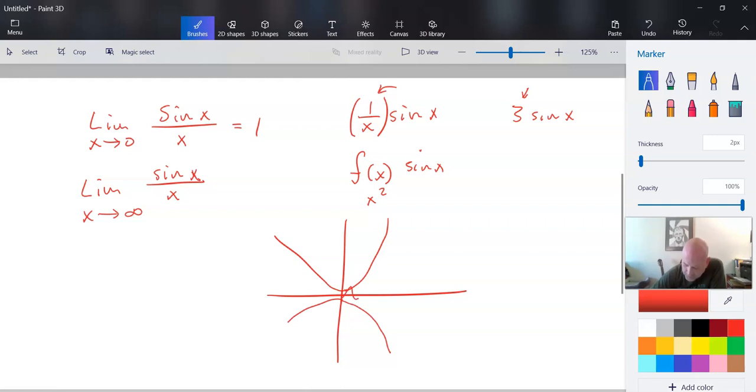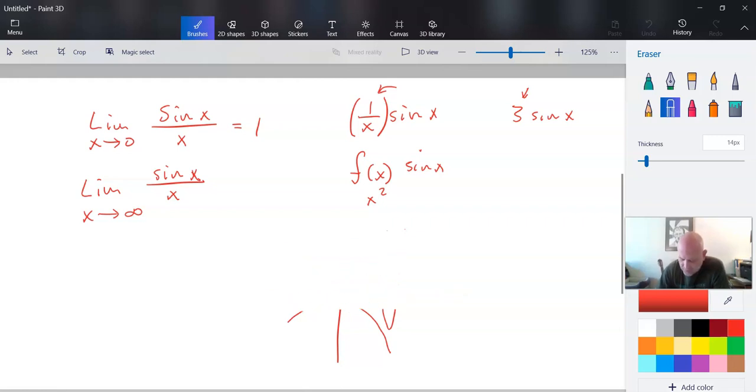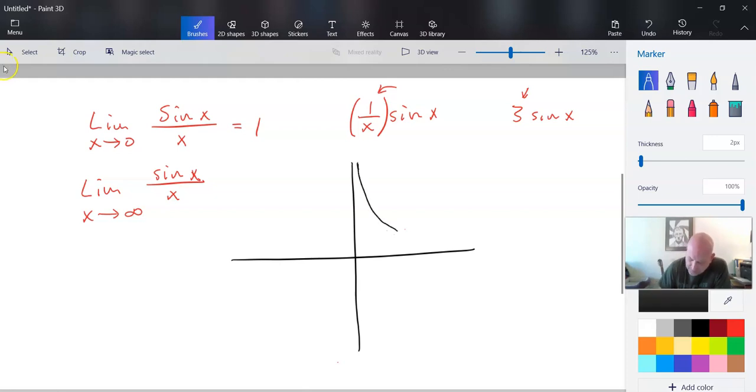That touches 0. Right? So it'd get bigger and bigger and bigger. Well, 1 over x doesn't get bigger and bigger and bigger. It gets smaller and smaller and smaller. And so that means the amplitude is getting smaller and smaller and smaller. And matter of fact, the graph of 1 over x, if I look at this, looks kind of like this.